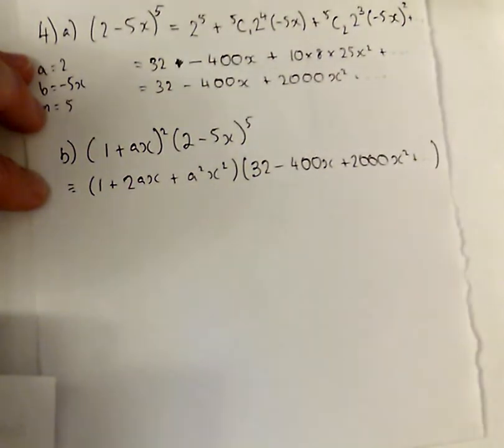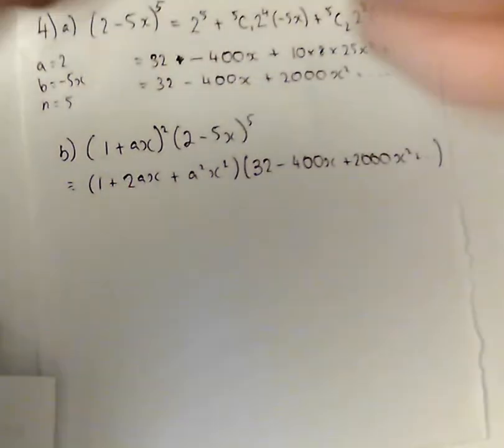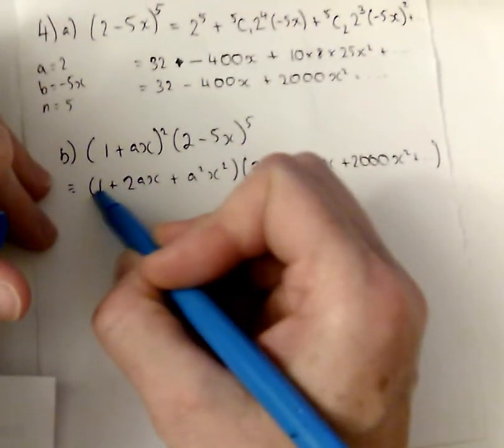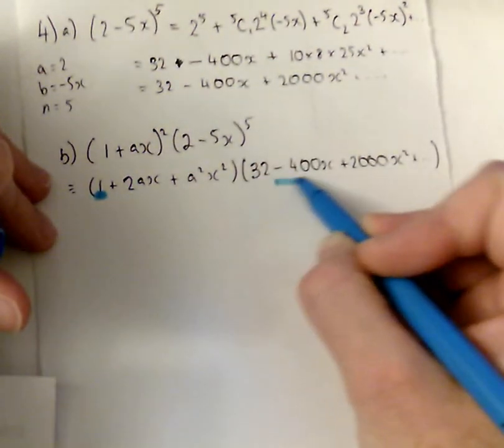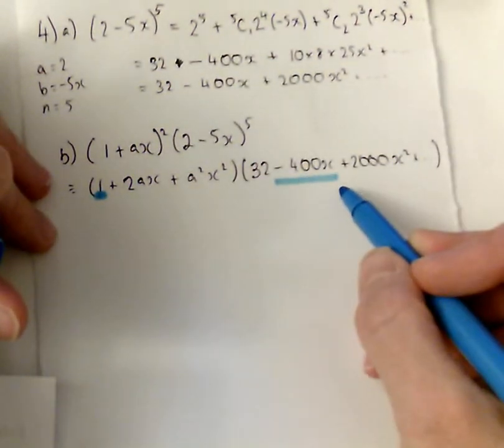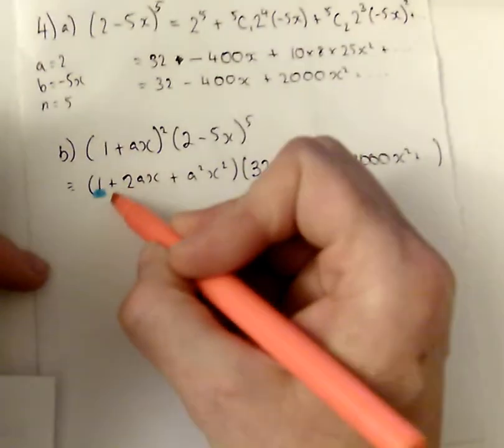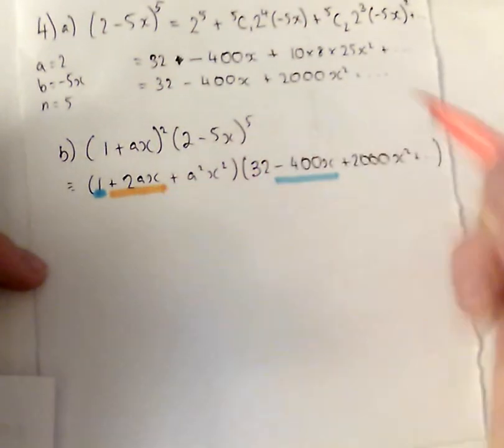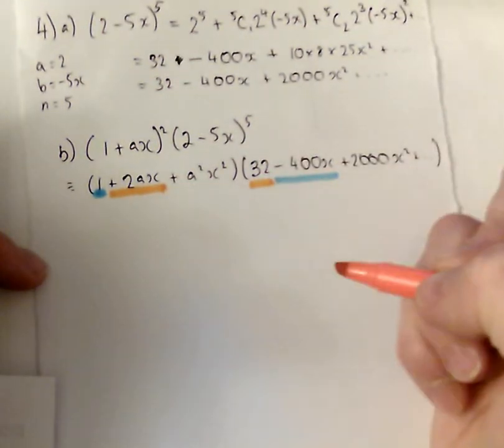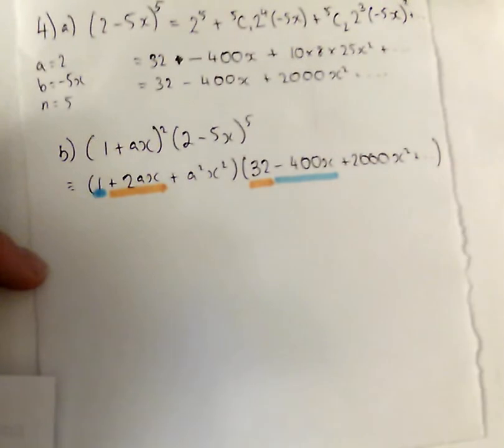Now we are looking for the coefficient of x. So let's just have a look. I could do 1 multiplied by negative 400x, and that gives me an expression to do with x. I could also do plus 2ax and multiply that by 32 and get another x term.